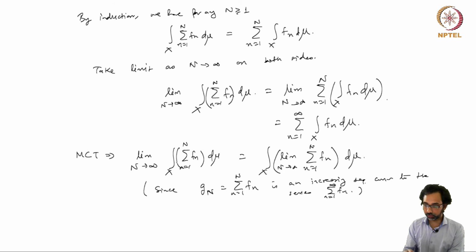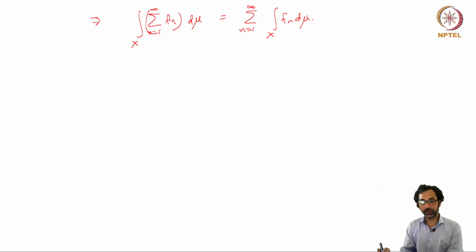So from the first equation and the second equation we get the result, which is that the integral of the sum from n equal to 1 to infinity of f_n d mu is equal to the sum from n equal to 1 to infinity of the individual integrals of f_n.